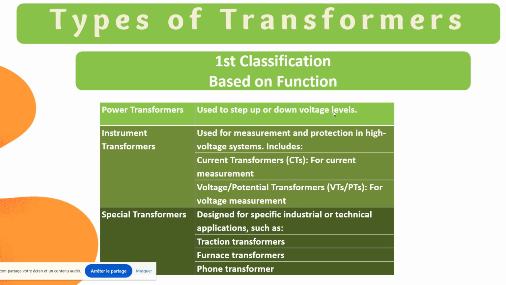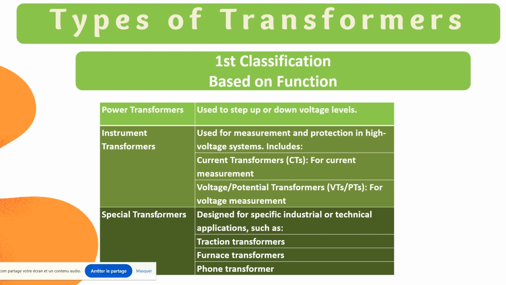Okay, the second kind of transformers are used as measuring instruments, or instrument transformers. They measure the amount of current or the amount of voltage. And the last category is related to special transformers.